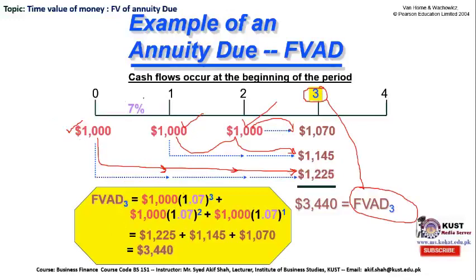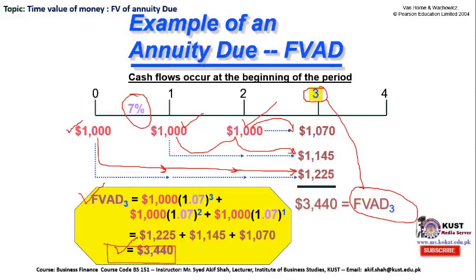We can put the values 1,000, 1,000 and 1,000 along with this compound annual interest rate into the formula of future value of annuity due, and we will get the same answer. So after just putting the values, we come up with the result, which is 3,440. After simple mathematical calculation, we have reached to the conclusion that future value of this annuity due will be 3,440.